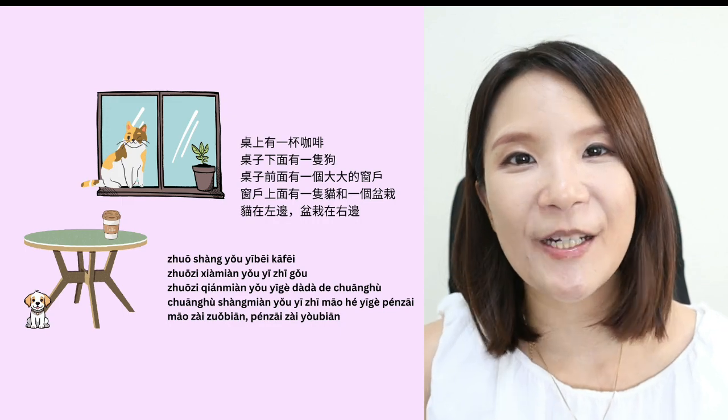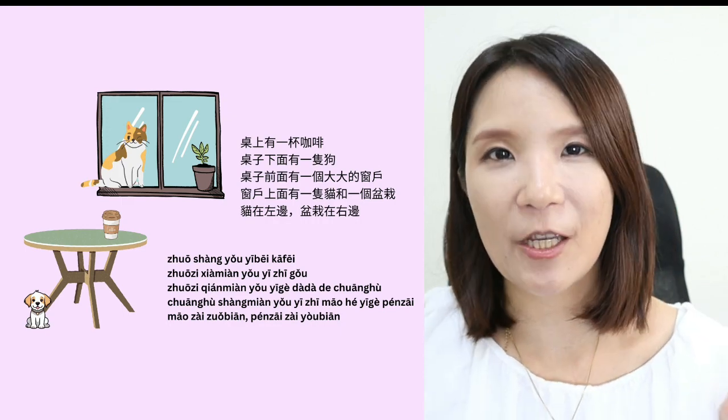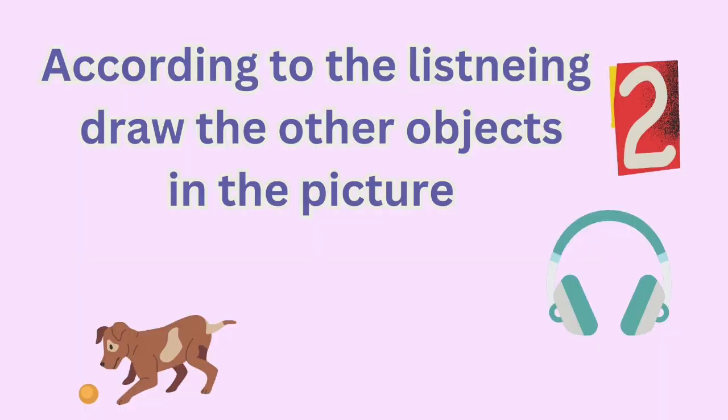I hope you're doing great so far because we have the second listening. I want you to look at the picture now. You see a dog. And also the same, you have to draw what you hear in Mandarin Chinese. Alright, so are you ready?